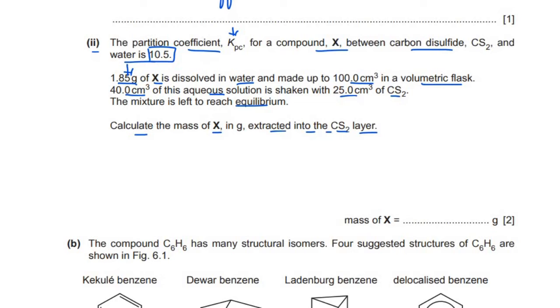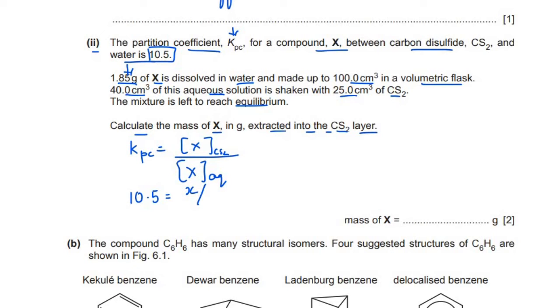So we first need to write the equation: KPC is equal to the concentration of X in our organic solvent CS2 divided by the concentration of X in aqueous solution, that is water. Now the value is given, that is 10.5, and we don't know the mass of X which is extracted in CS2, but that can be kept as x.